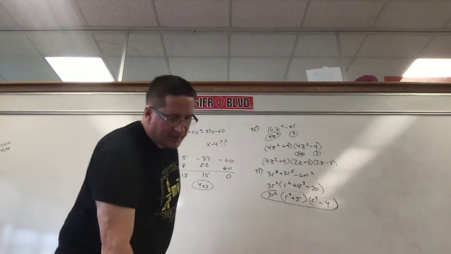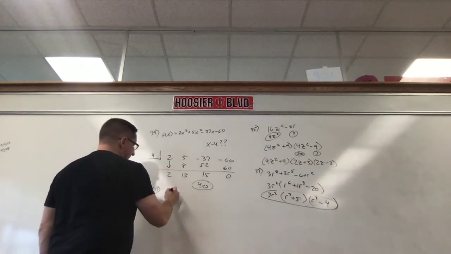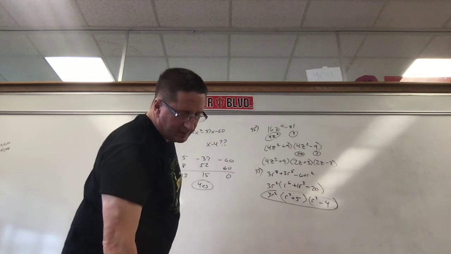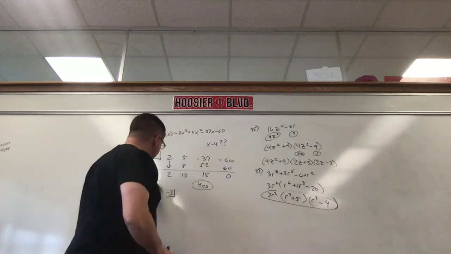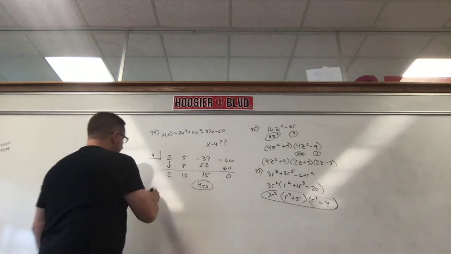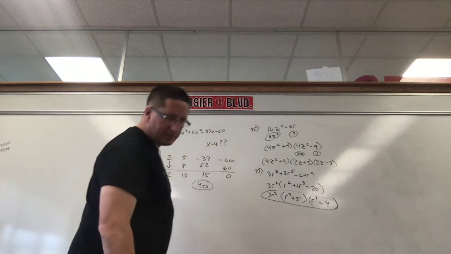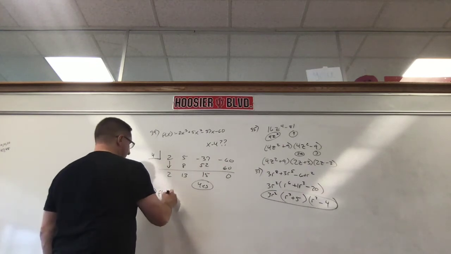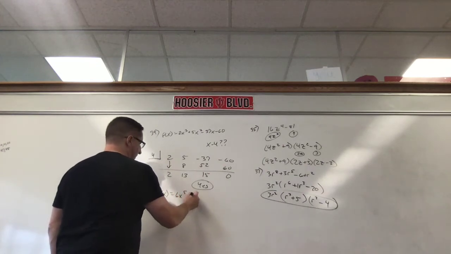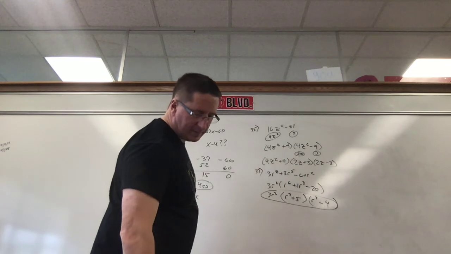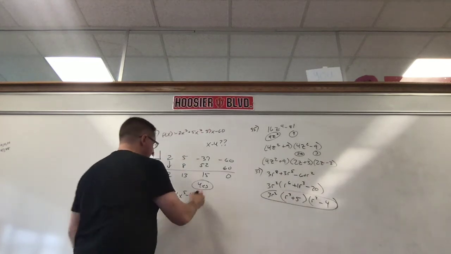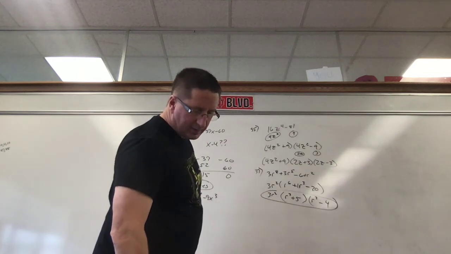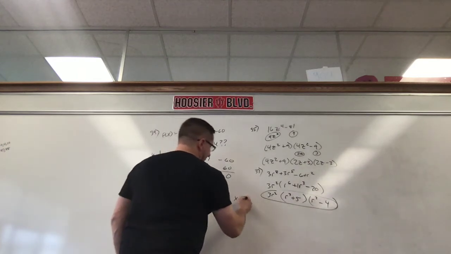So we're finding out, does x + 3, so I put negative 3, go into, no, I'm going to write this out. For 41 we have 6x^5 - 15x^4 - 9x^3, divided by x + 3.